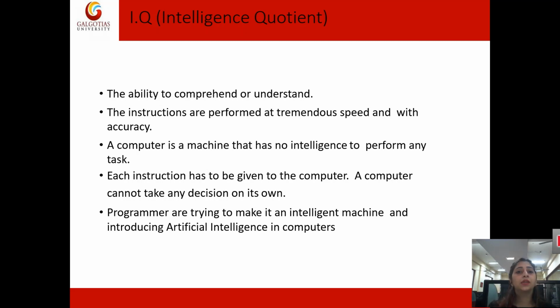Then we have the intelligence quotient, which is basically the ability to comprehend and understand instructions and perform them at tremendous speed and with exact accuracy.